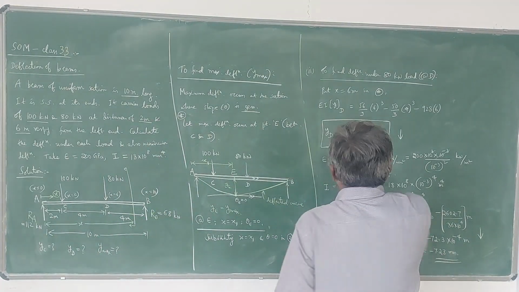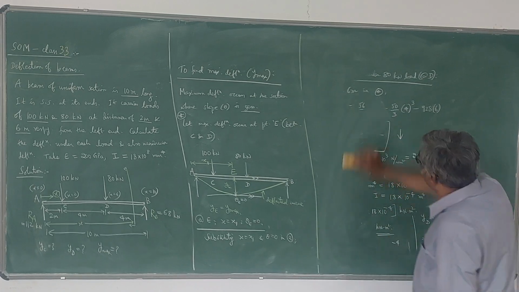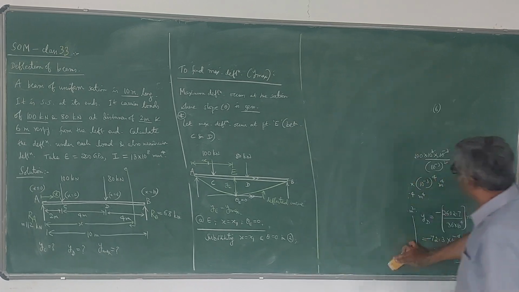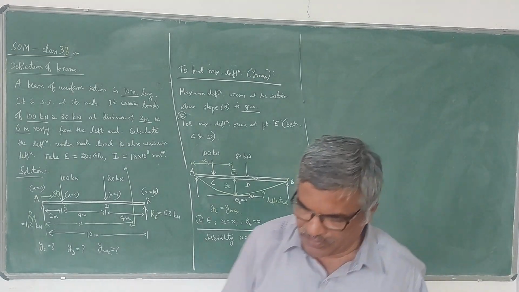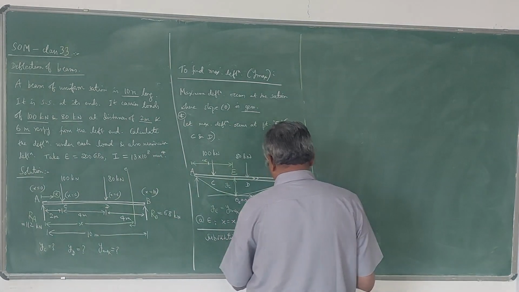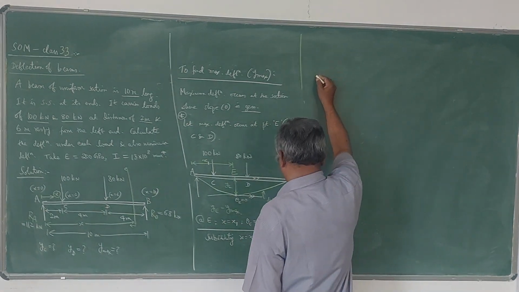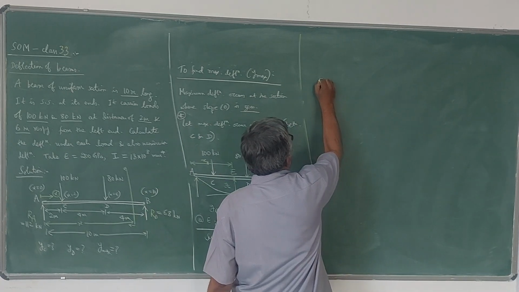I have updated it. Let me write that equation. Slope equation I require. For getting the slope equation, of course you need a moment equation. Anyway, I will write both. Moment equation I will write first.